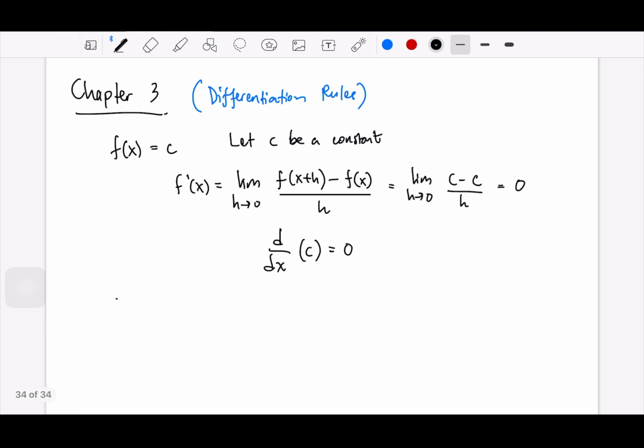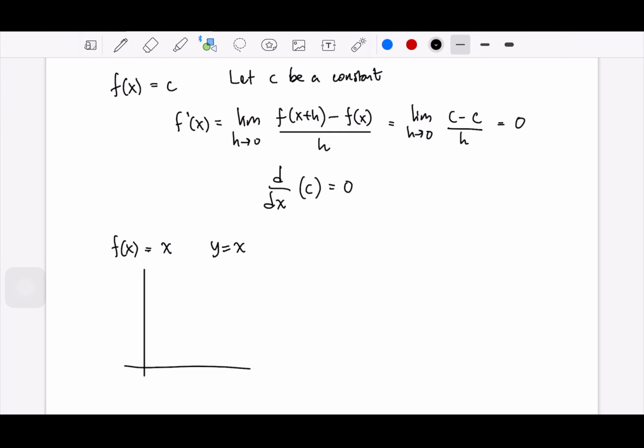And then if we have f of x, maybe we start from x. So y equals x, a line that has slope 1, right? The slope is our derivative of the function.